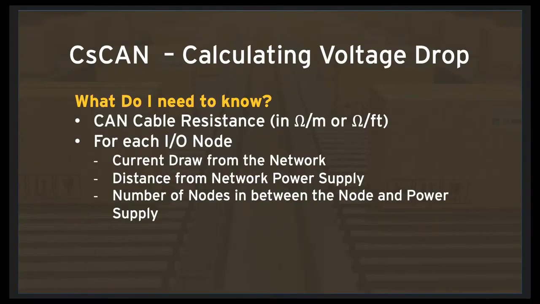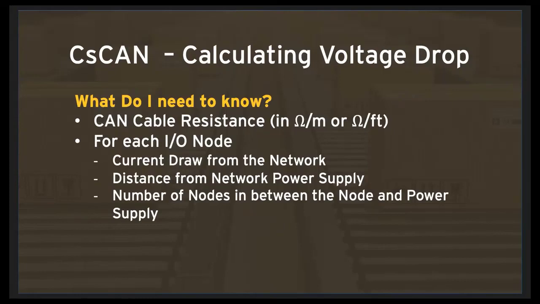So you're effectively either doubling your resistance or doubling your distance for the next calculation we'll make on the next slide. So just one thing to keep in mind there. But again, you need to know the resistance for the cable, and then you need to know the distance from the network power supply.